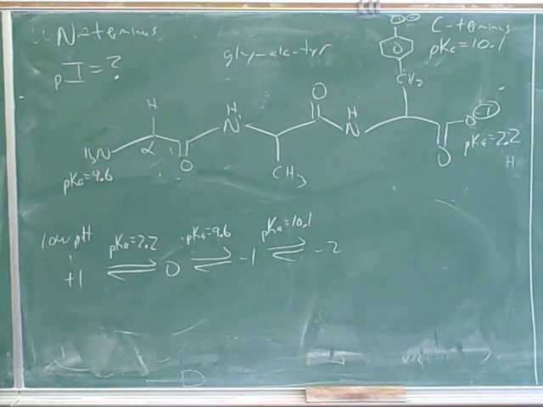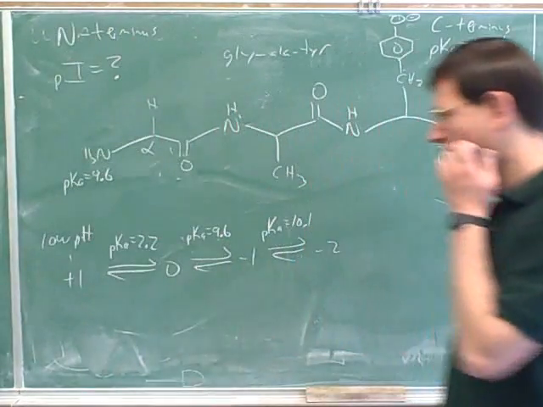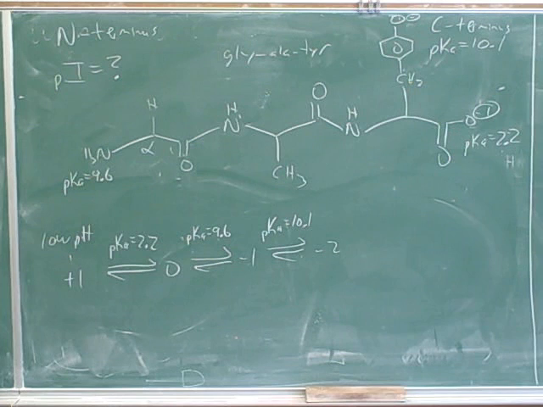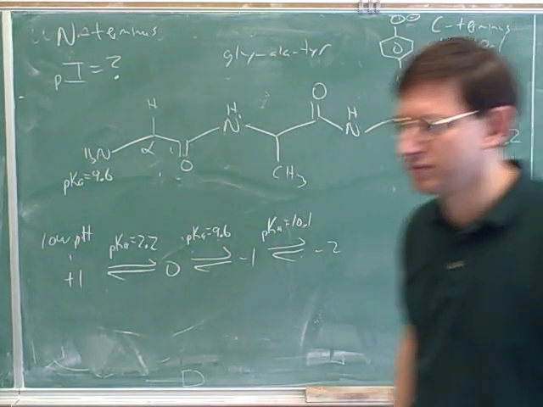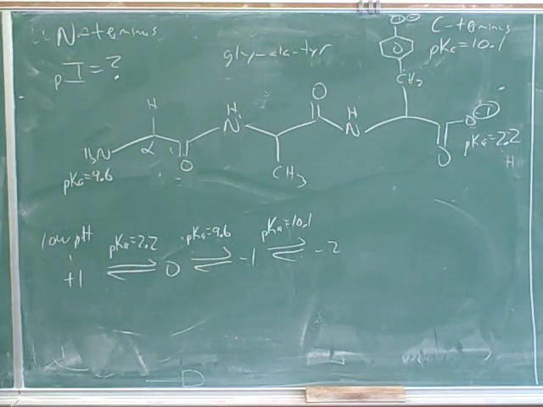Right. Now what? Our zwitterion, we need the pI of the entire tripeptide. That's true. So our zwitterion is this.